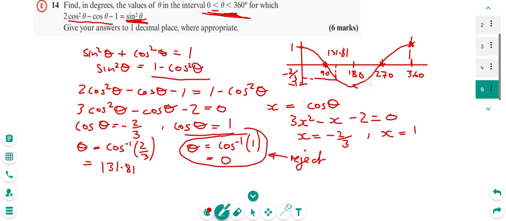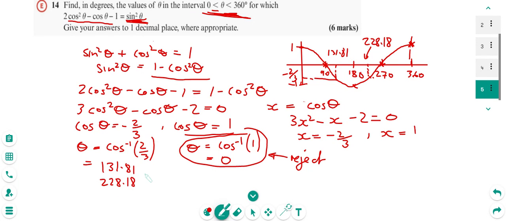and that's for 131.81. And so we can find the other solution because this graph is symmetrical. We can take away 131.81 from the 360, and that will give us 228.18. So that's the other solution there.